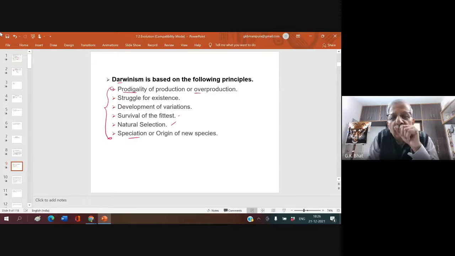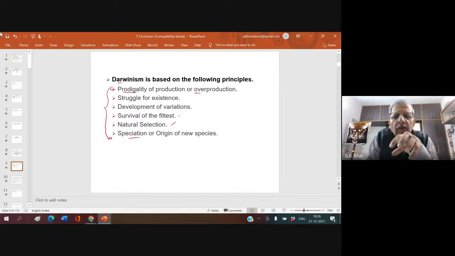Who is going to win this struggle? The one which is better adapted, the one which is showing a favorable variation. During this struggle, they started adopting one or the other new methods.